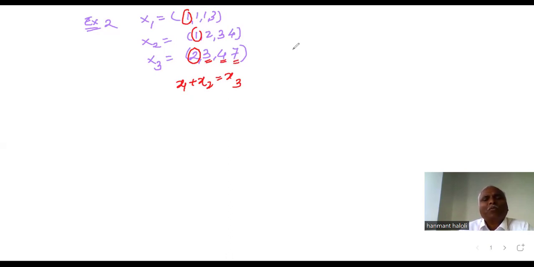Means without calculation also you can identify the given vectors are dependent and their relation is given like this. Just observe all the first components. Not only stick with one component, you can go for any of the components which are given in the equations, and if they satisfy the relations, then you can go with that.